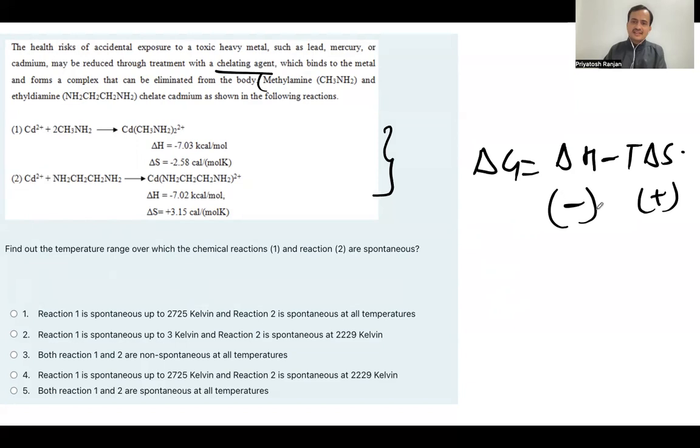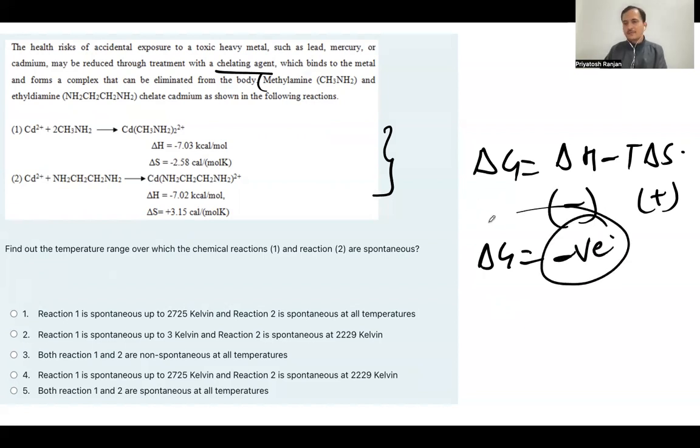Under such cases, you are always going to find delta G negative. Why? Because delta H is given as minus and delta S is given as plus 3.15. If you play with this equation, you will find this term is always going to be negative.